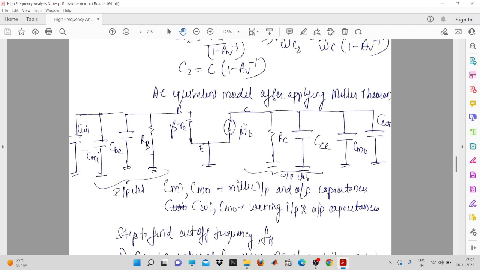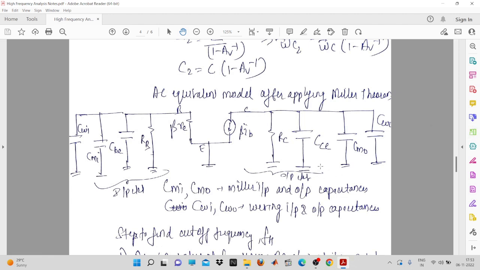This one is the Miller input capacitance, which we have just evaluated, and there is a wiring capacitance. Because ultimately you are going to put wires, and you will connect the transistor into the system. So you will have this wiring input capacitance and the wiring output capacitance. So this is the circuit. I don't think there is any doubt in this input side network and the output side network.